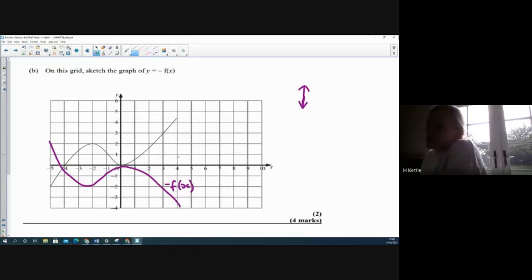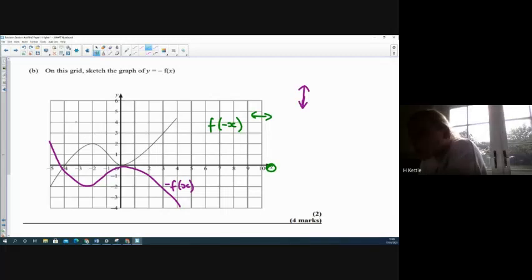Like that. But then f of minus x, if we were to draw that one, oh, let's change the colour actually. If we were to do f of minus x, we're changing the input. And that's going to change in the x direction, left and right. So instead of being reflected in the x-axis and having a change up and down, we're going to be reflecting in the y-axis.